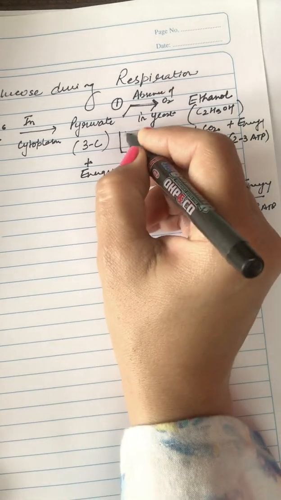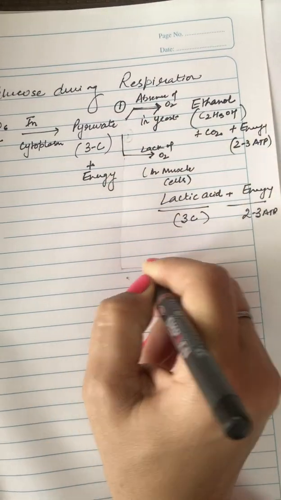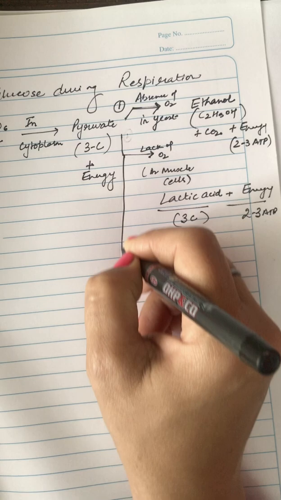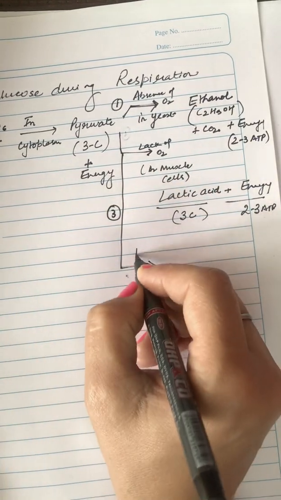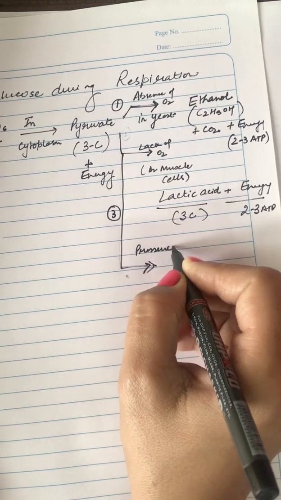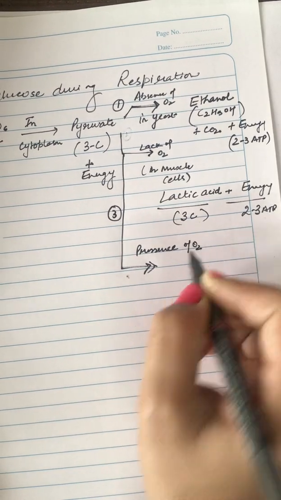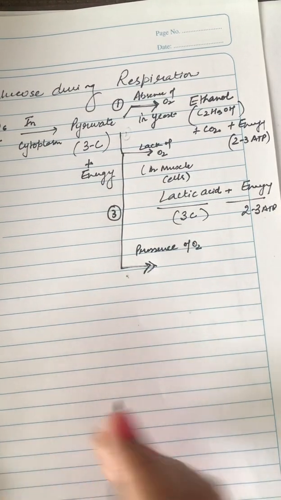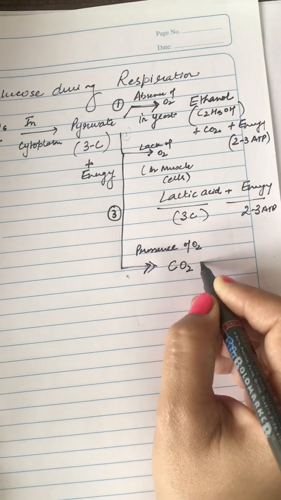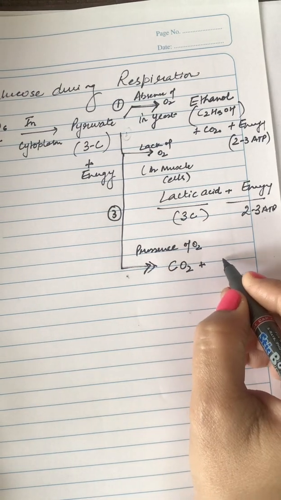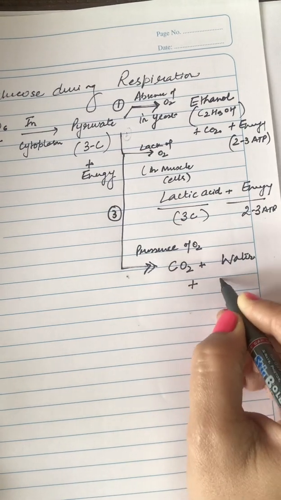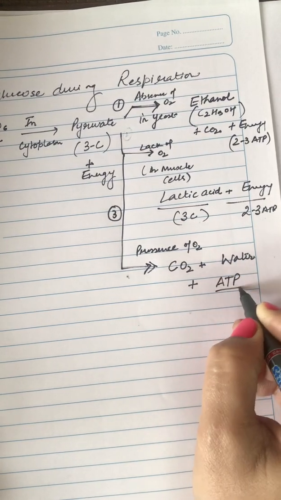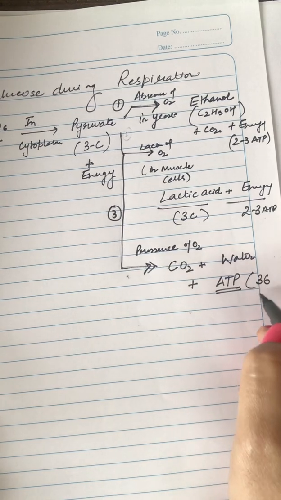Then the third case. Moving here to my third case, where I'm talking about the presence of oxygen. If oxygen is present, what will happen? This pyruvate molecule will completely break down to release carbon dioxide, water, and energy, that is ATP energy. 36 molecules.